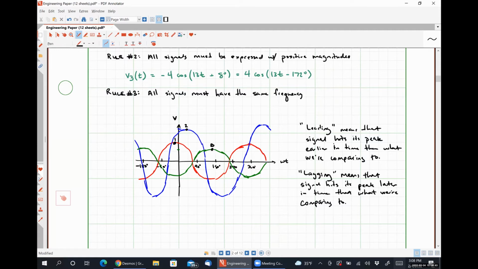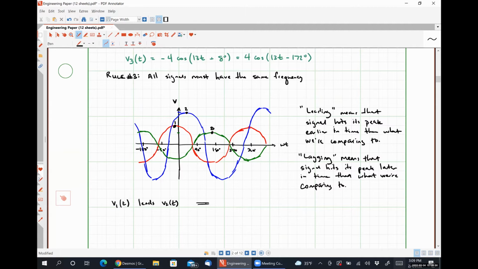We can see that V1 leads V2, or alternatively, we could say that V2 lags V1, and similarly, we could say that V2 leads V3, which is the same as saying V3 lags V2.